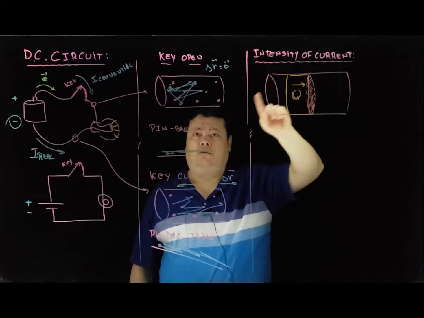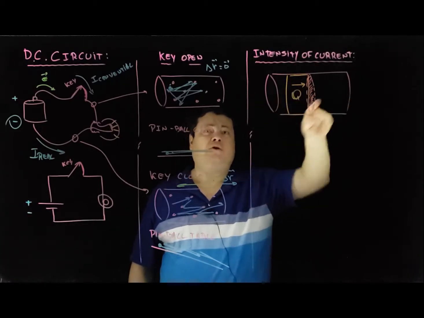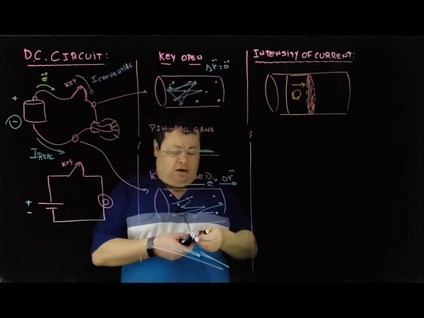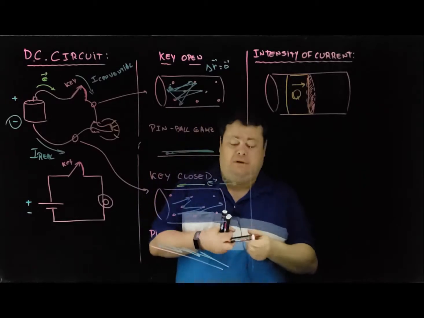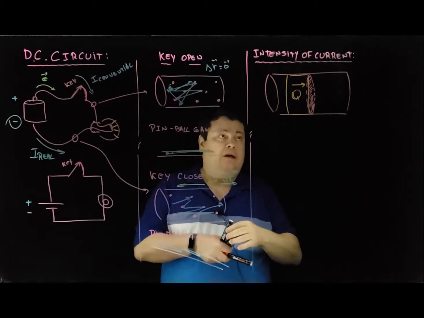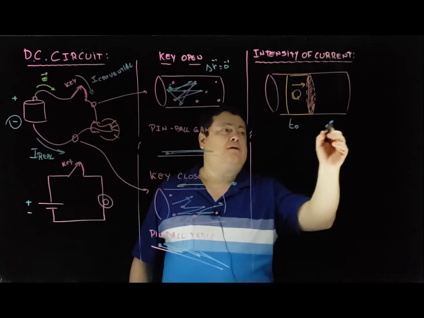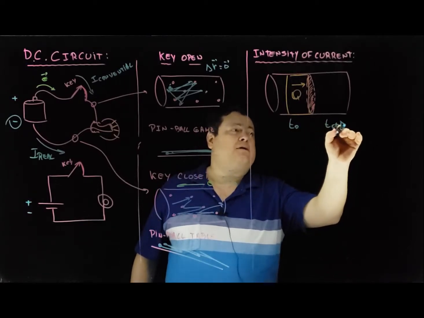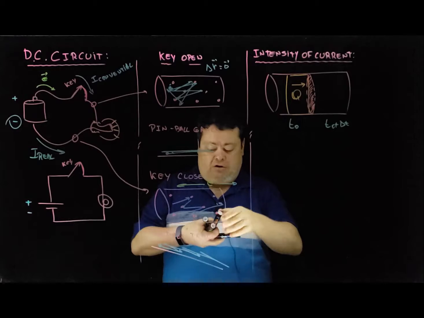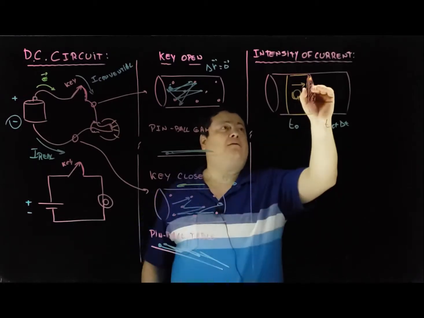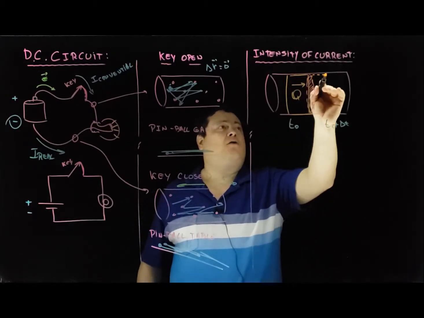This is not a vector charge, please. It's just showing that they're moving to the right. And after a certain time, delta t, so this here is at a time t naught, at a time t naught plus delta t, that chunk of charge would have passed by my cross-section area.